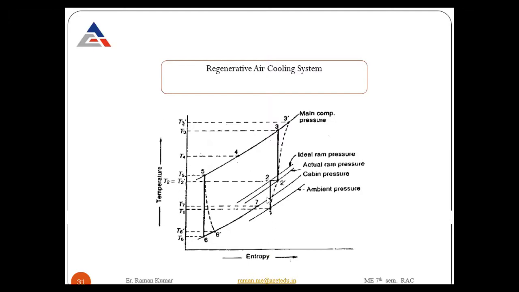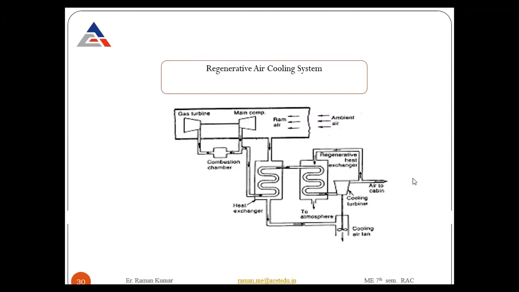Okay, that air will pass to the atmosphere. That atmosphere air temperature is T8. So here M2 into Cp into T8 minus T6. If I do the energy balance equation, that will be equal to M1, that will be supplied to the regenerative heat exchanger.